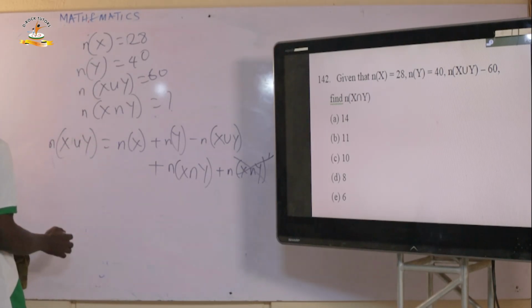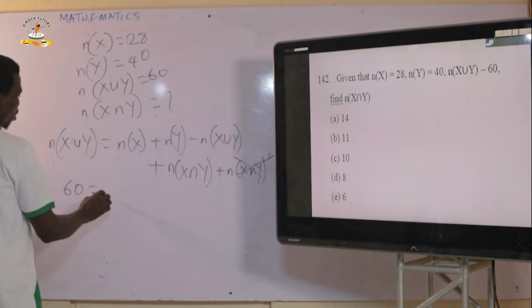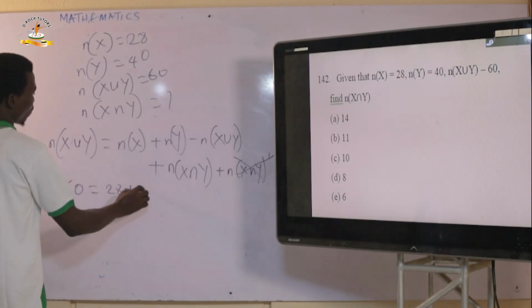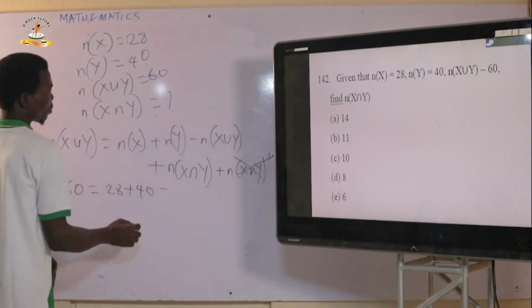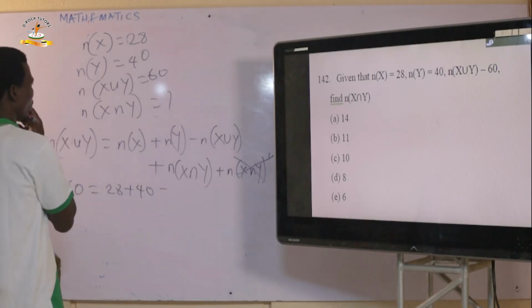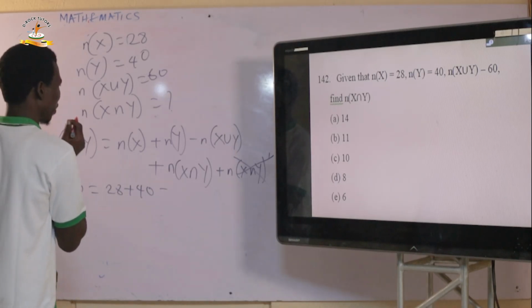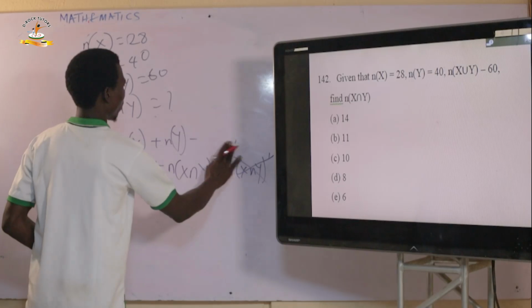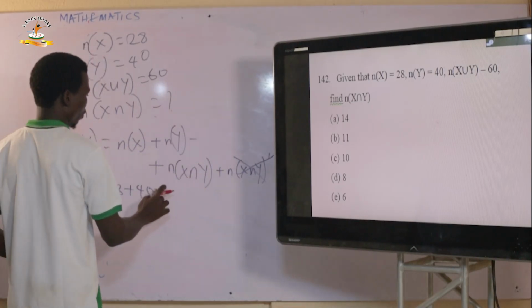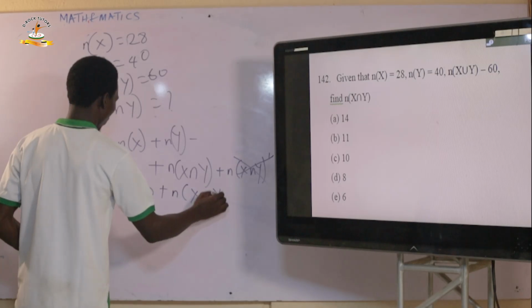What is x union y? It is 60, equals number of x, which is 28, plus 40, minus n of x intersection y.